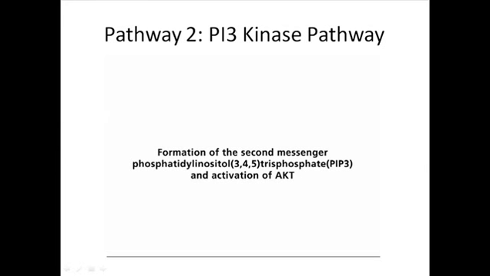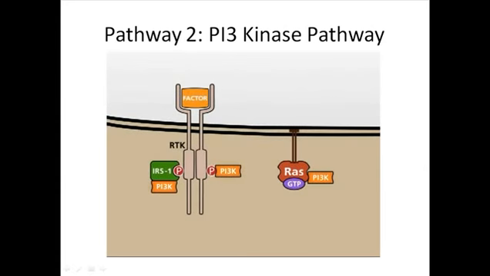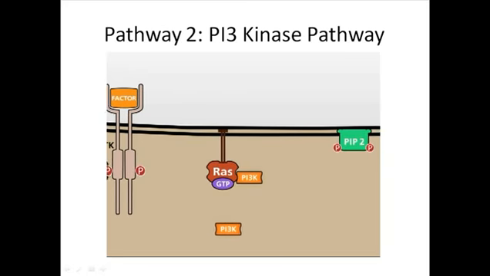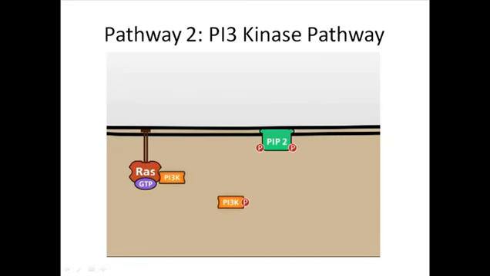Formation of the second messenger phosphatidylinositol 3,4,5 trisphosphate, PIP3, and activation of AKT. At the second level of the pathway, the second messenger PIP3 is formed. This leads to the activation of the serine threonine kinase AKT.